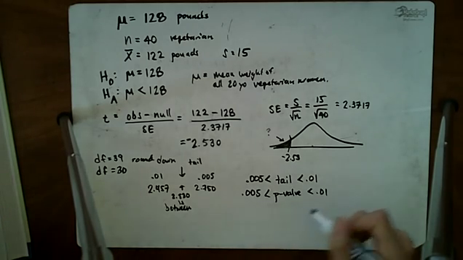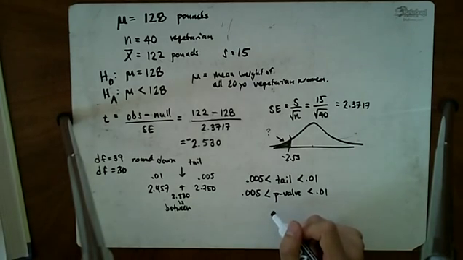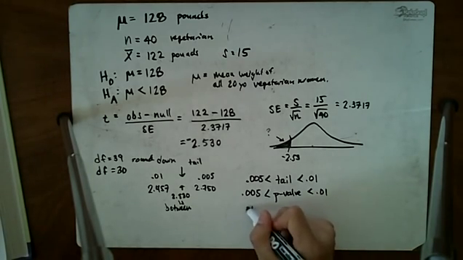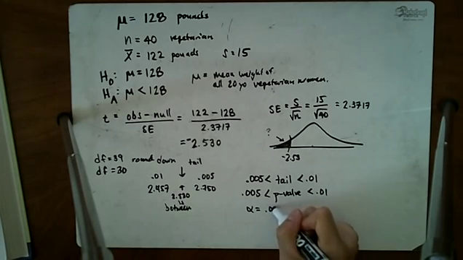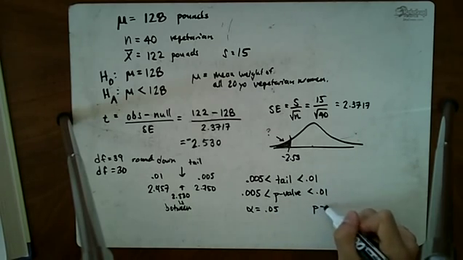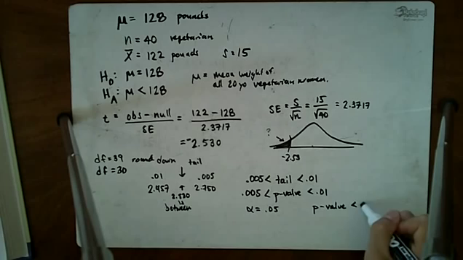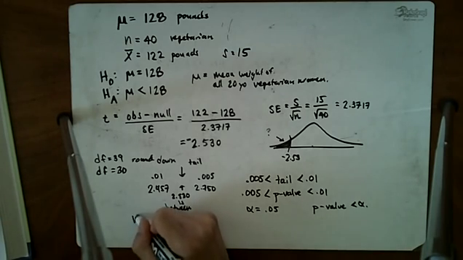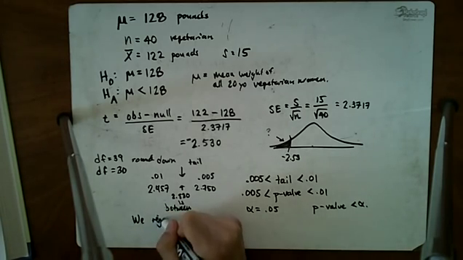So because my alpha, it says uses significance level of 0.05, my p-value is less than alpha. And so here we reject the null hypothesis.